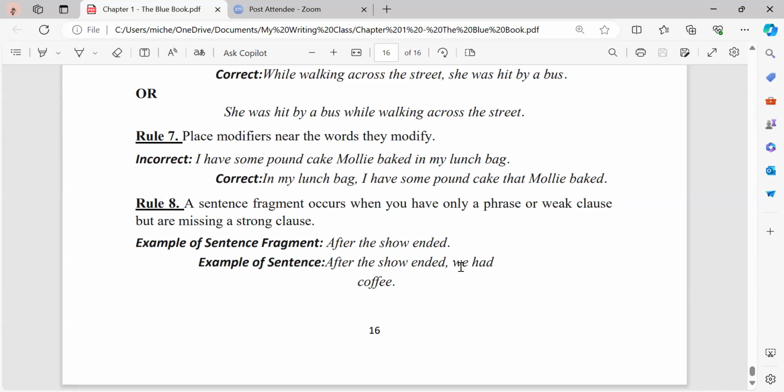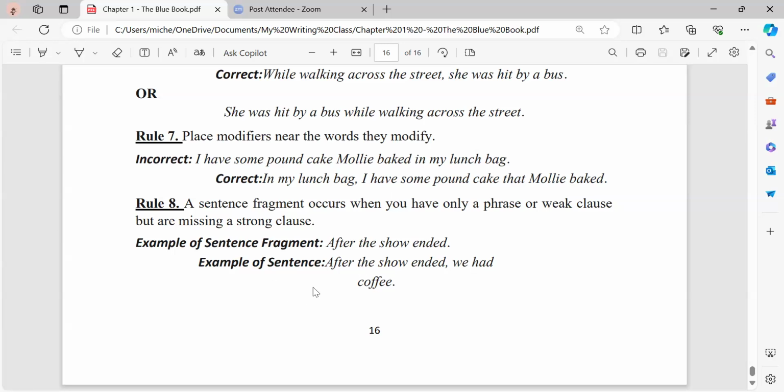Therefore, we need to add a comma, then the strong clause. I think I've said this before. If we place the weak clause first, we should add a comma and then the strong clause. But if it's the opposite, then we should just do it that way.